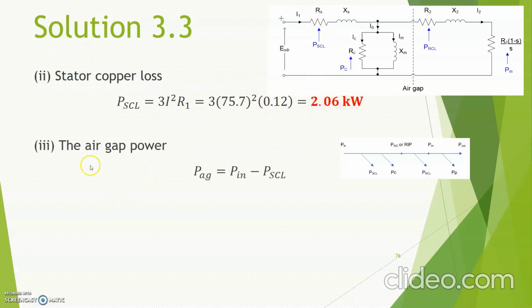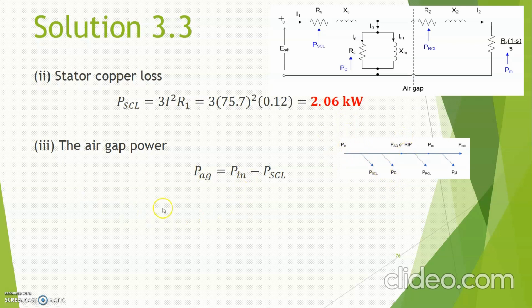Okay. Next, for the air gap power, we refer to the power flow diagram. We know the P air gap is equal to the input power minus your PSCL, provided your PC is neglected, because we are using the IEEE equivalent circuit, so we remove the RC, so that's why you don't have PC. So your P air gap is equal to P in minus your PSCL.